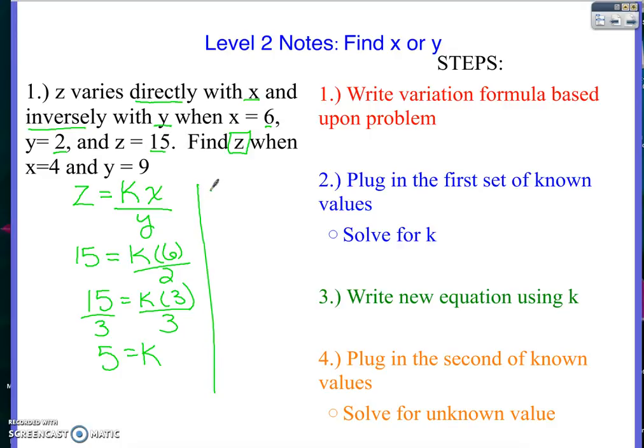So again, I have the exact same equation, z equals, except that I know 5 is k, x over y. So I'm solving for z. 5 times 4 divided by 9. So z equals 5 times 4 is 20 over 9. And that is simplified. Always have it down to as simplified as possible.